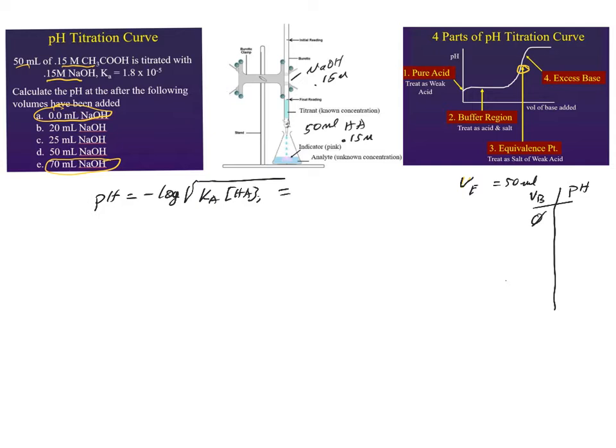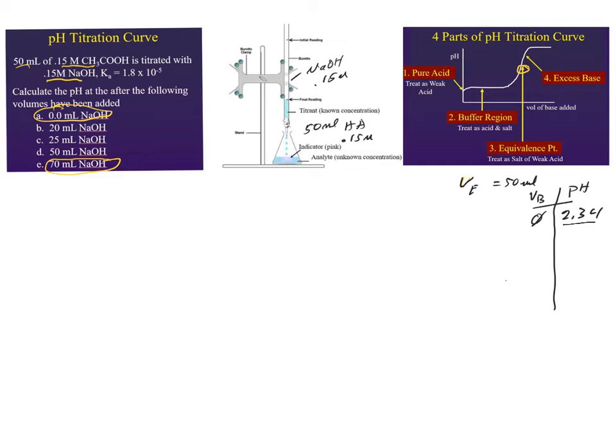So we bring this in: minus the log of the square root of Ka, which is 1.8 times 10 to the minus 5, times the initial 0.15. When we bring out our calculator, we get a value of 2.34. So our initial pH is 2.34.